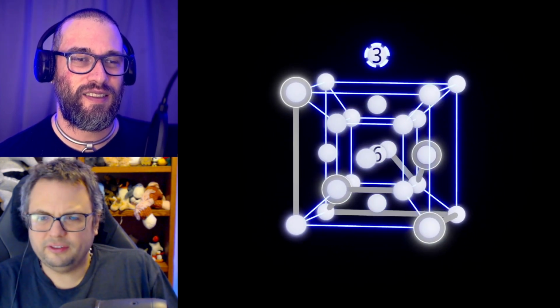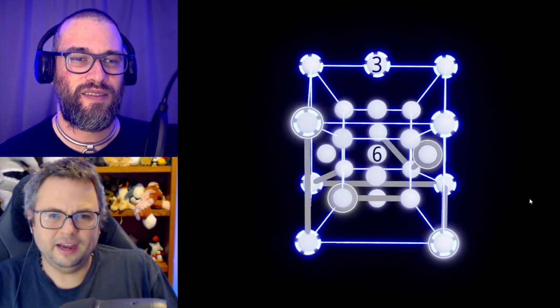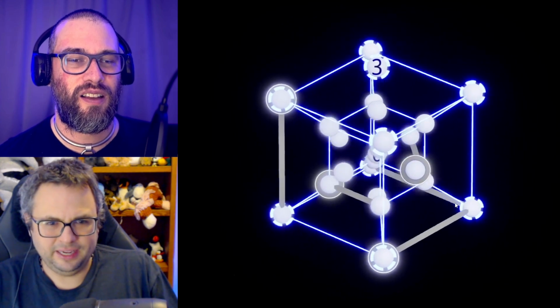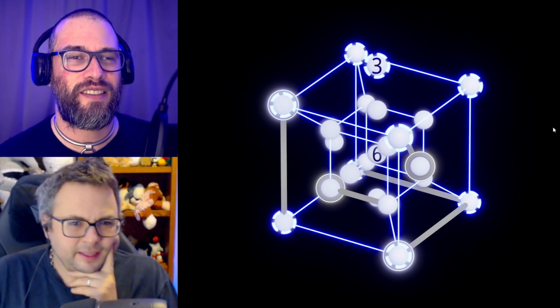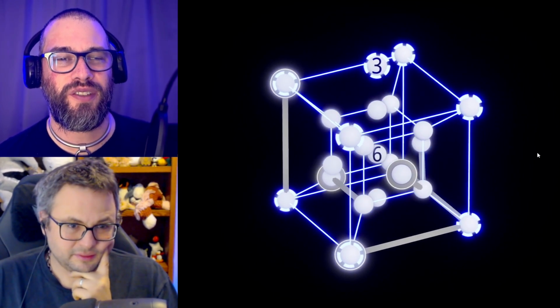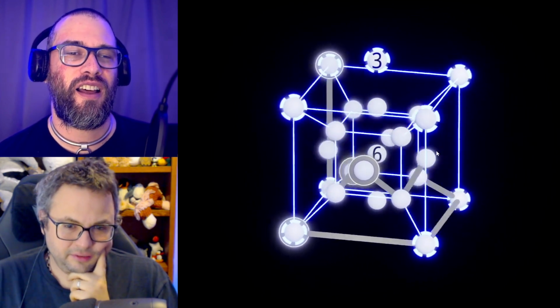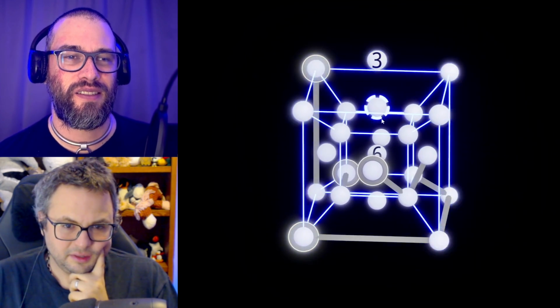So this one joins the top face. There should be a button that lets you cycle through all the regions that contain a particular cell. So that tip-top one joins the large cube. And then the one below it, I think, joins the top face.